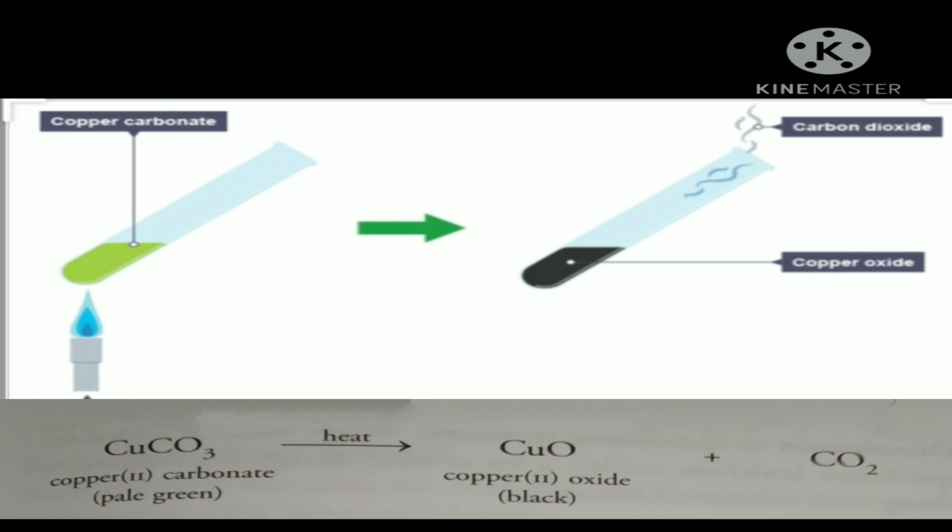The reactant was pale green. When it was heated, the product is black. So here we observe a change in color. See the chemical equation: copper carbonate within brackets pale green and copper oxide within brackets black. In this equation, it is very necessary to mention the change in color.